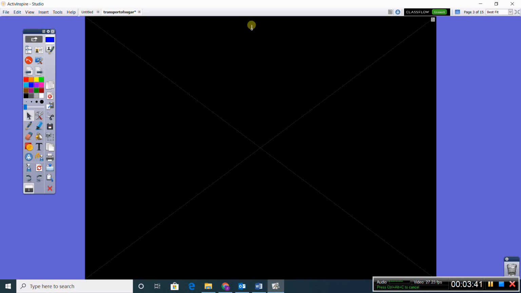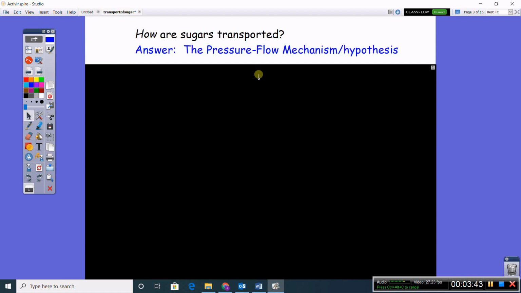All right, so here's what you have to know about transport of sugars. This is the pressure flow mechanism, or the pressure flow hypothesis. It's a little different than how the water is transported in the xylem. We said water is mainly a pulling force.